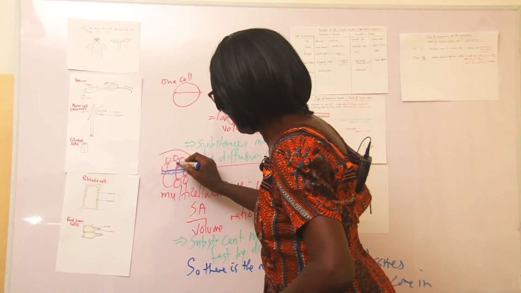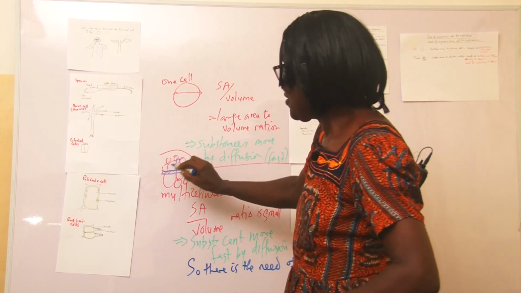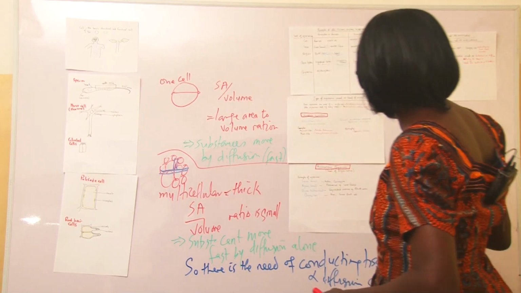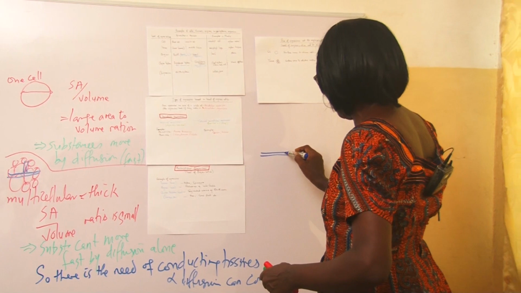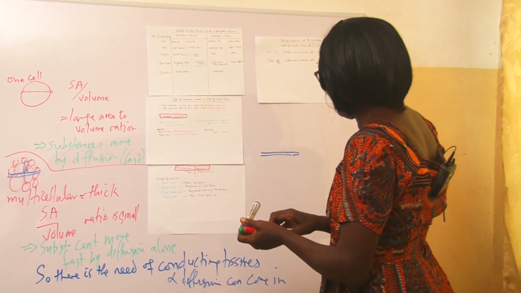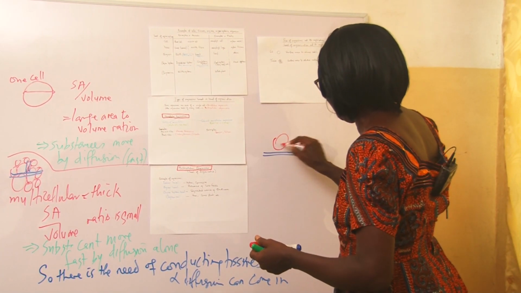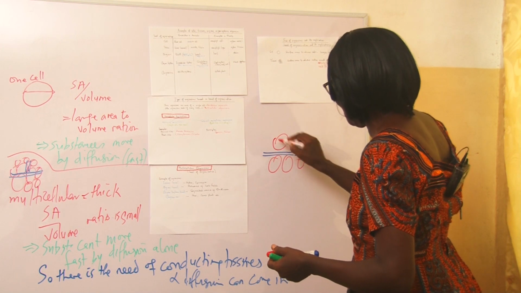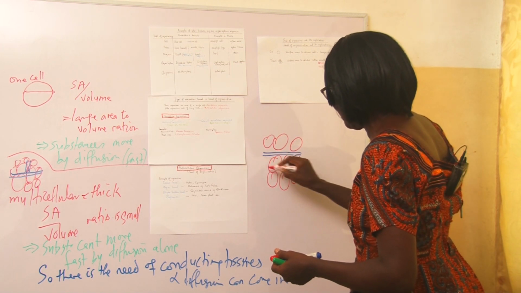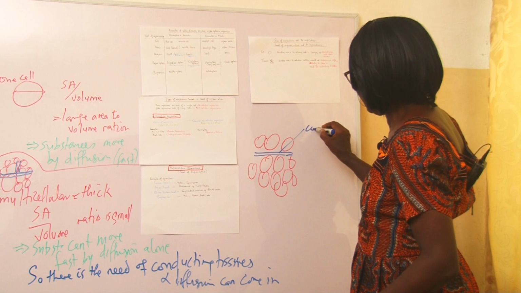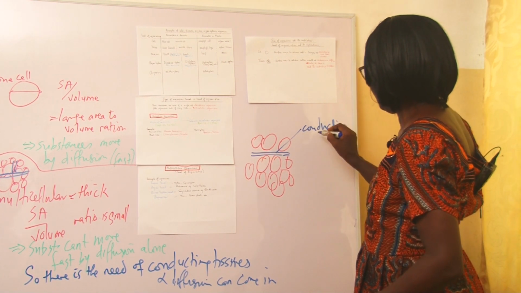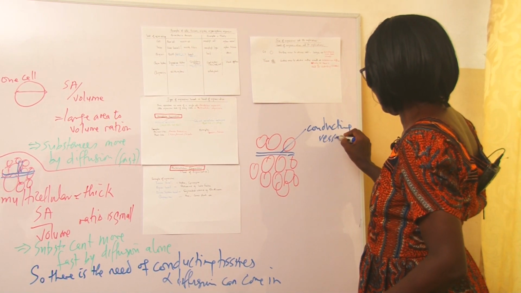They do the conduction, and the blood vessels will go through and supply nutrients, or xylem vessels, they will go through to supply nutrients. This is a conducting vessel, if you like.